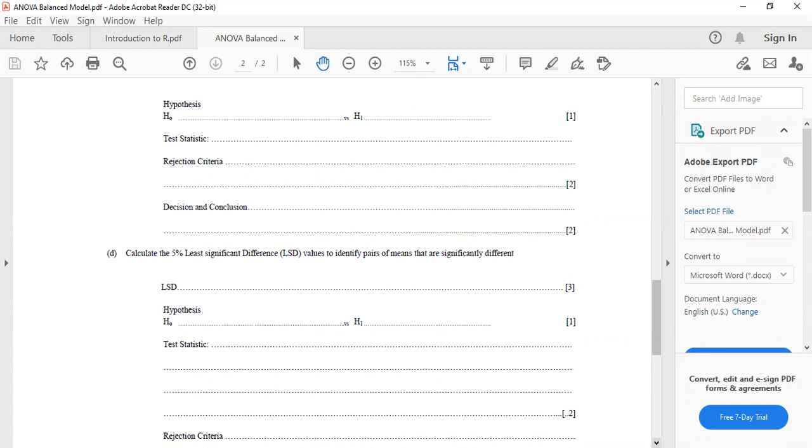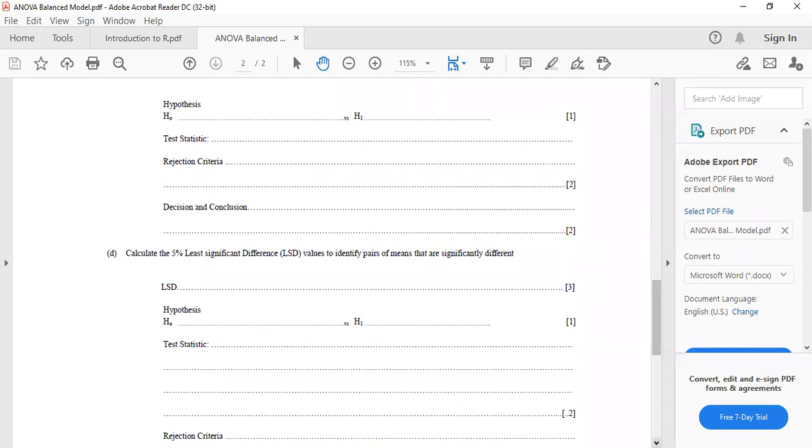But now this is the balanced model, so what does it reduce to? The square root of 2 times mean square error over n. Excellent, that's it. So let's substitute those values and calculate the LSD.